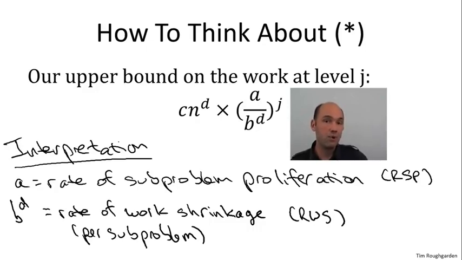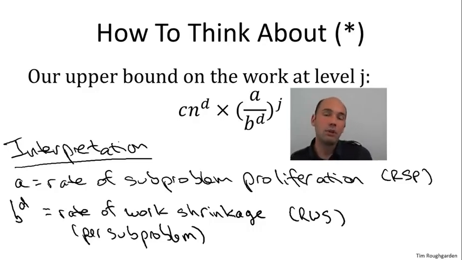So in general, the input size goes down by a factor b, but what we really care about, how much less work we do per subproblem, goes down by b to the d. That's why b to the d is the fundamental quantity that governs the forces of good, the extent to which we work less hard with each recursion level j. So the question then is just what happens in this tug of war between these two opposing forces.